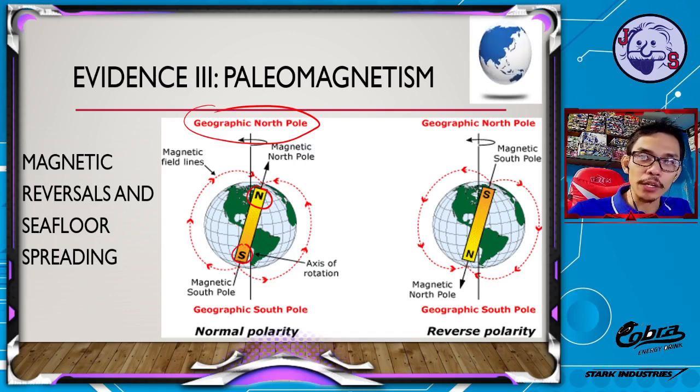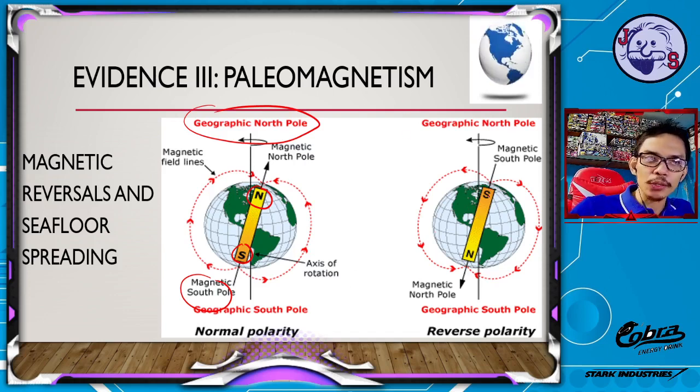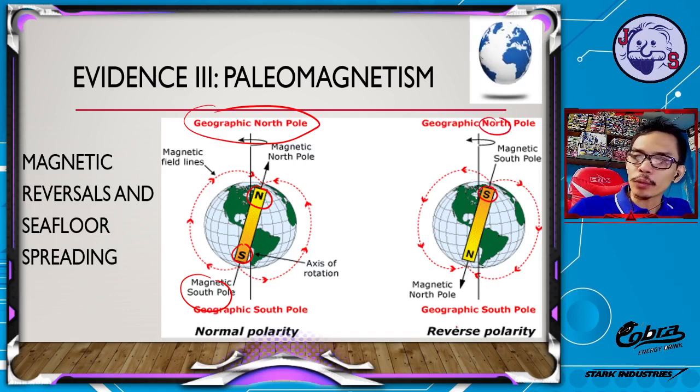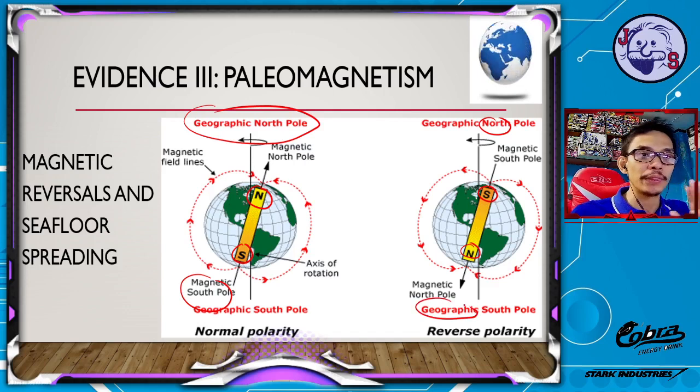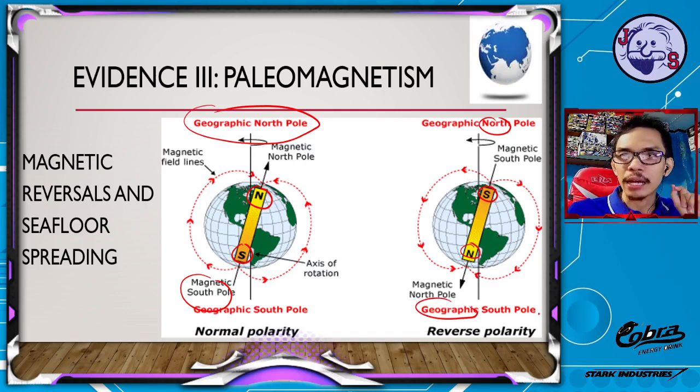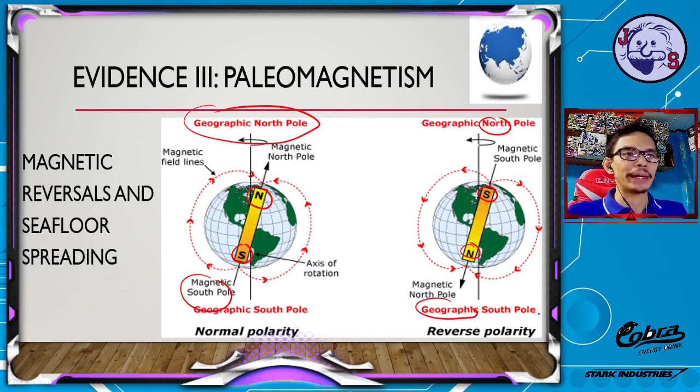The South also aligned with the South Geographic Pole is also a normal polarity. Now, if otherwise, if the South is aligned with the North Geographic Pole, then what we have right here is a reverse polarity. If the North Magnetic Pole is aligned with the South Geographic Pole, again, that is a reverse polarity.